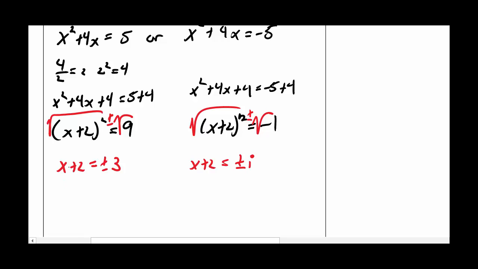So we bring the 2 over, so negative 2 plus or minus 3. Negative 2 plus or minus i. And on the right side we actually got our solutions there, but this side will split up.